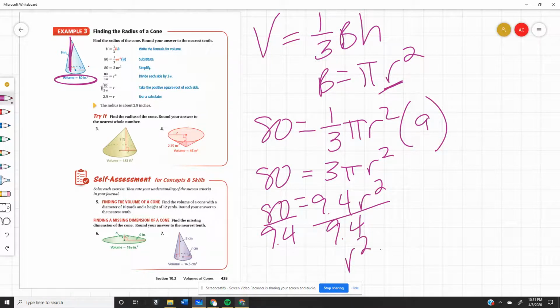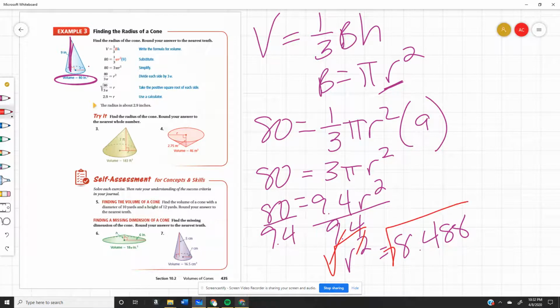So I'd get that r squared equals 8.488. Now to undo the squared, you guys know this, I would square root both sides. So on my calculator, I can hit second square root, second answer, and it's going to plug that answer in. And guess what? I get that the radius is approximately equal to 2.9, which is what they got in their somehow weird way. I didn't even look at what they were doing as I was working it out.